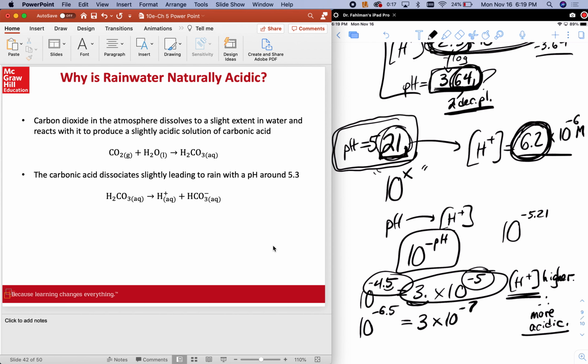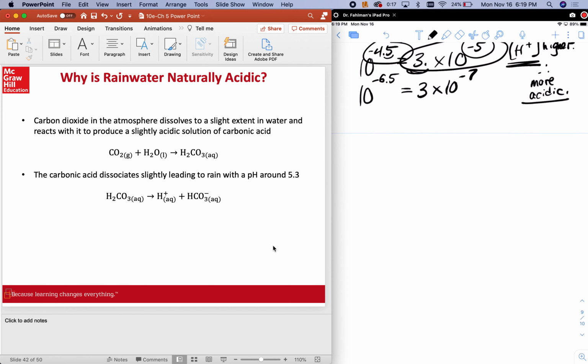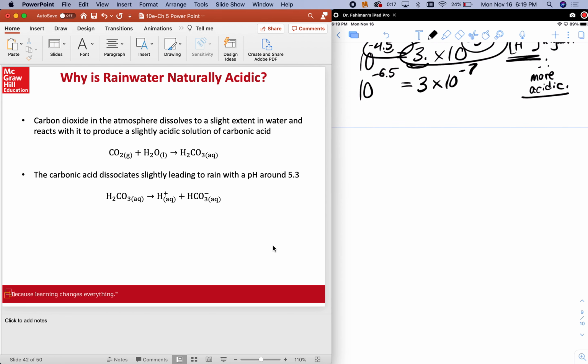Alright, so why is rainwater naturally acidic? It has to do with something that you have in air, which is carbon dioxide.